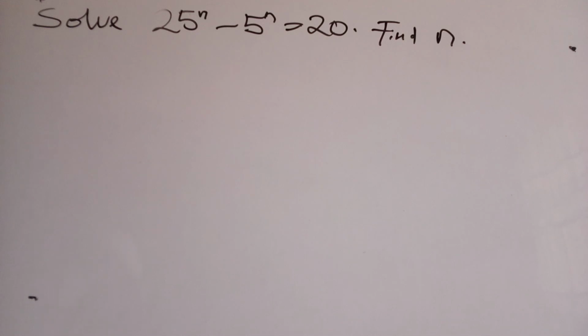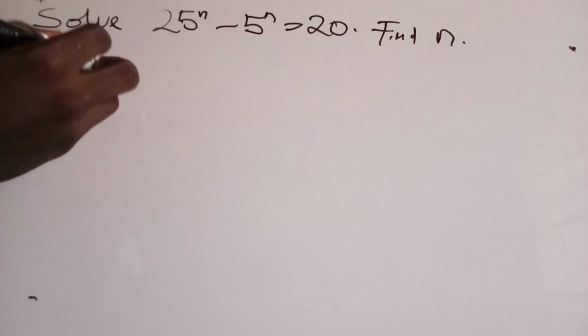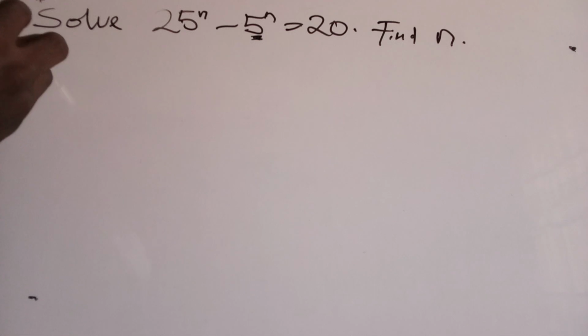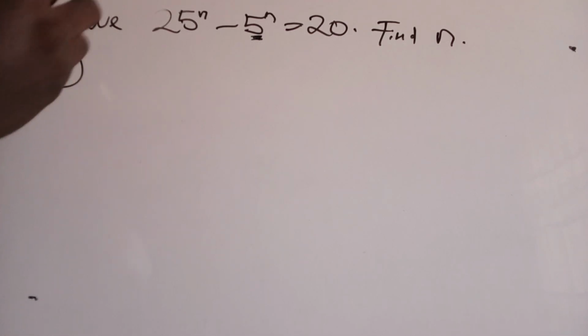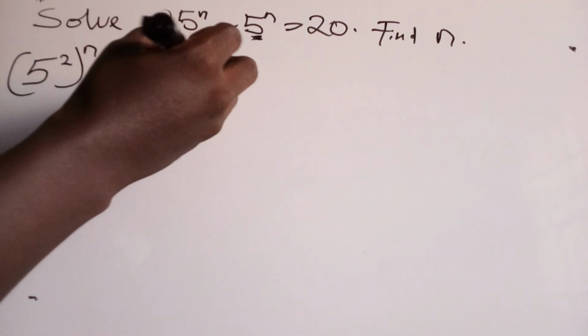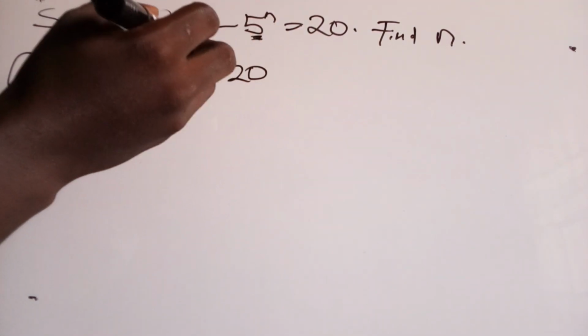First of all, what we're going to do here is to bring out this and let's equate it with this base. We can have 5 raised to power 2 raised to power n minus 5 raised to power n equals 20.